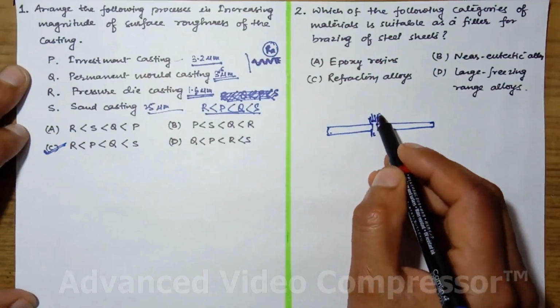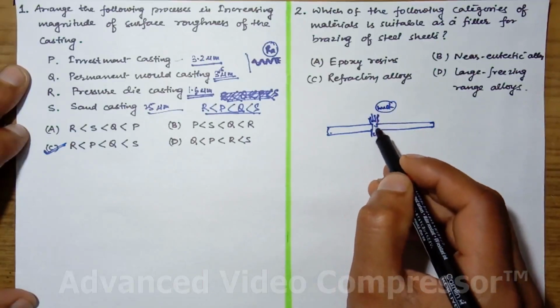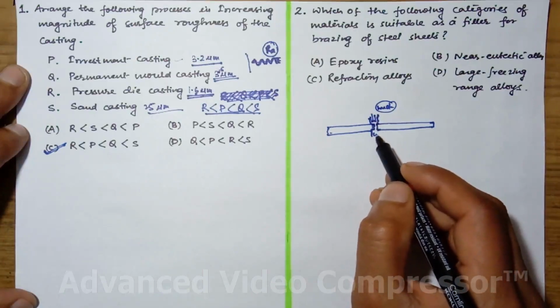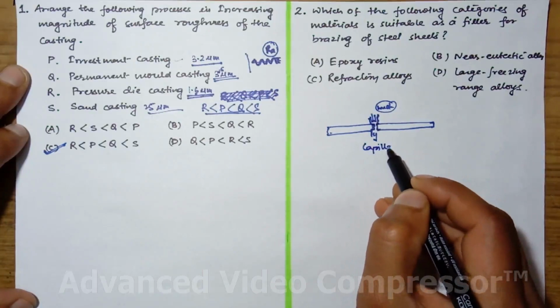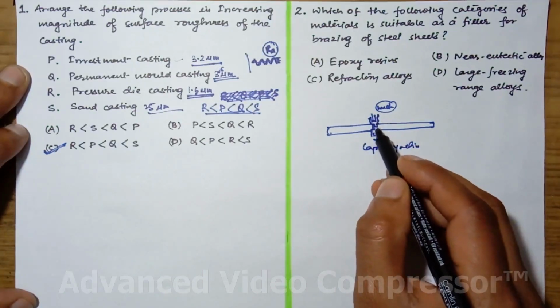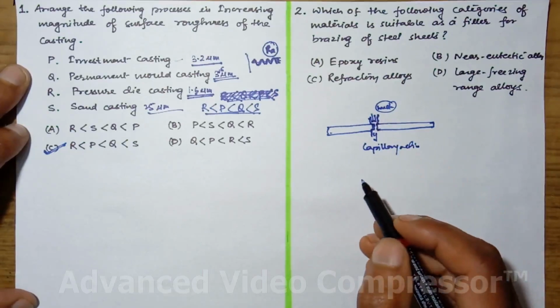We take a filler material and we melt it, and pour it in the gap between these two plates, and due to the mechanism of capillary action, this will go inside the joint, and after this the joining process takes place.